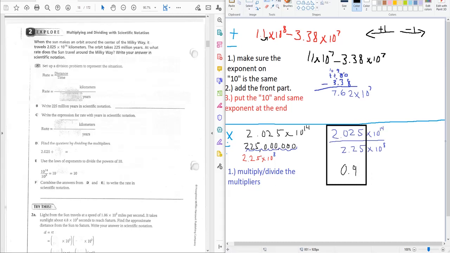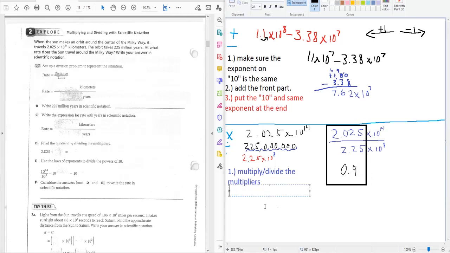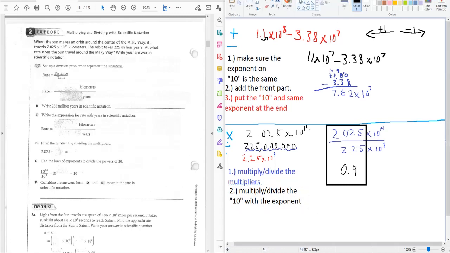And then your step 2 is going to be multiply or divide the 10 with the exponent. So I'm going to do this back part then. So 10 to the 14 divided by 10 to the 8, as now you should be pretty good at this. So the answer to that is 10 to the 6th.